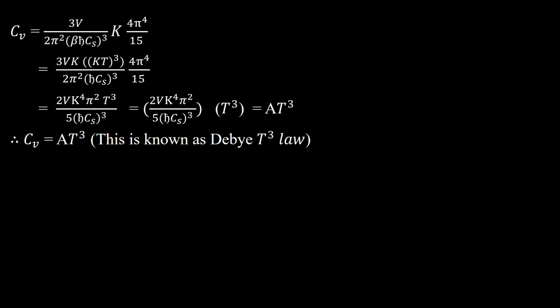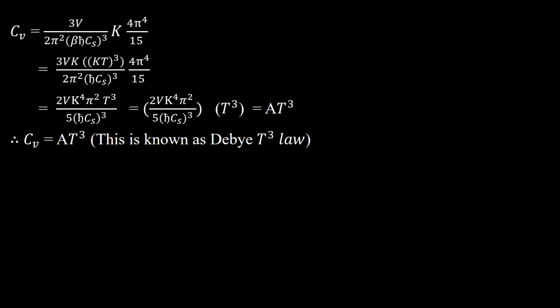Simplifying the equation, we get 3Vk into (kT) whole cube into 4 pi to the power 4 by 2 pi square (h cut cs) whole cube into 15, and simplifying again, we get 2V k to the power 4 pi square T cube by 5 into (h cut cs) whole cube.